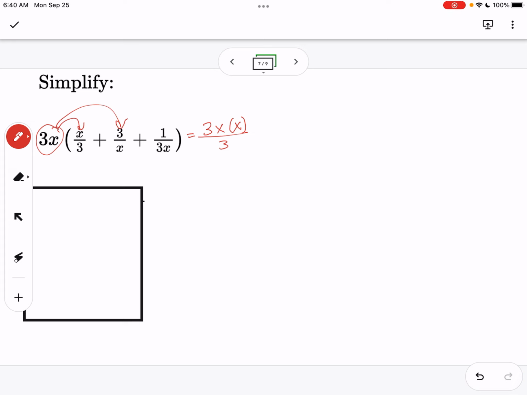Then 3x times 3 over x, and then the last term, 3x times 1 over 3x.